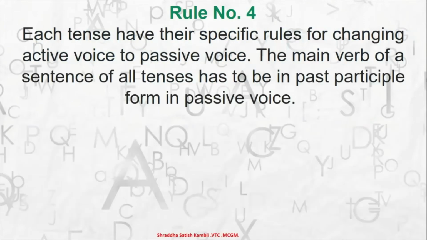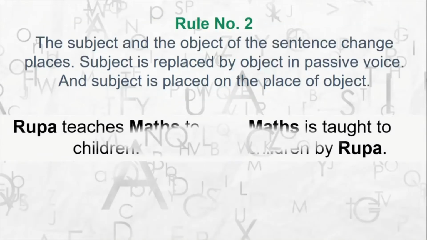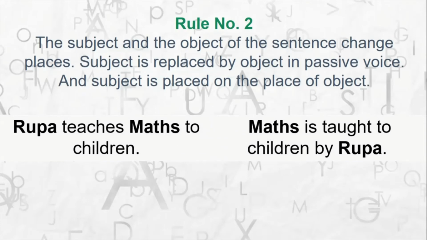Let's take a look quickly at the 5 rules without going too much into the examples. So voice change can happen only when a sentence contains a transitive or an action verb. We saw that according to rule number 2, the subject and the object of the sentence can swap places.